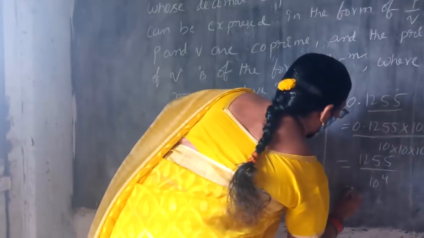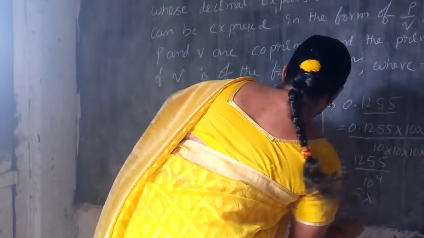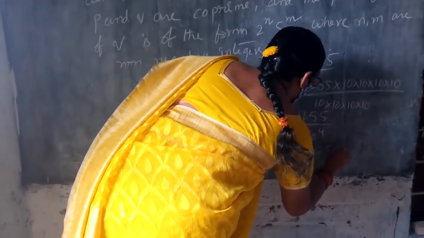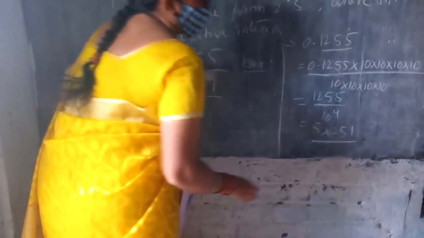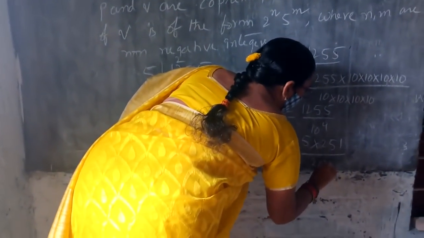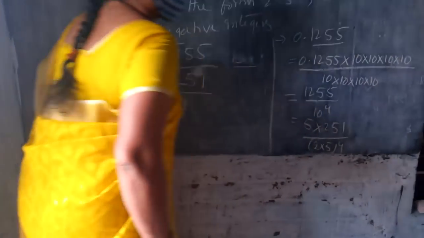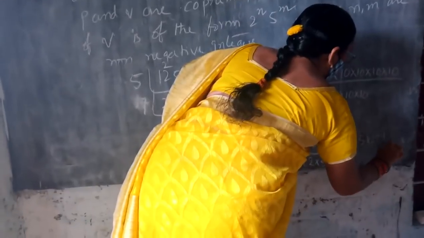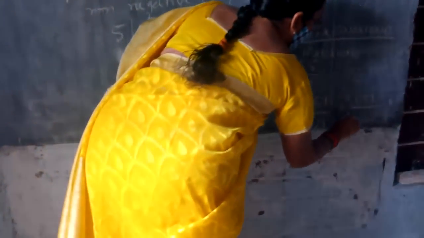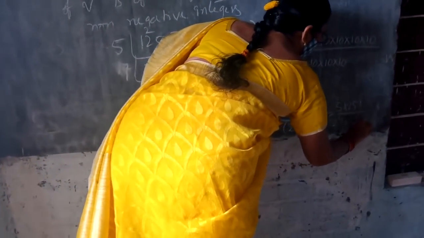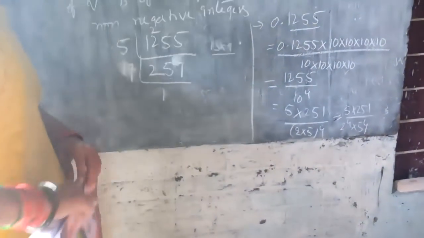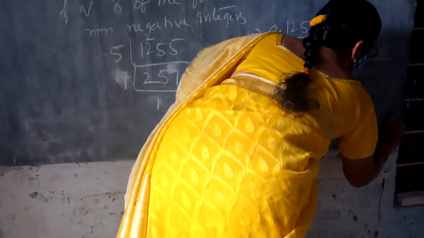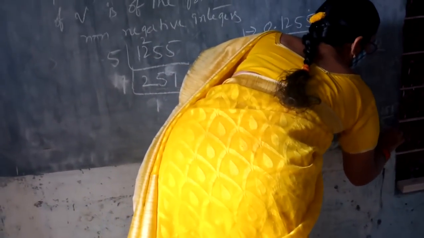In this way, 1255 is 5 into 251. This 10 we can write as 2 into 5 whole power 4. That means 5 into 251 by 2 power 4, 5 power 4. So cancel 5. 251 by 2 power 4, 5 cube.